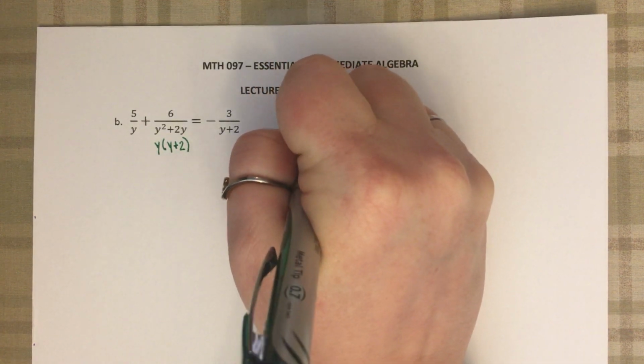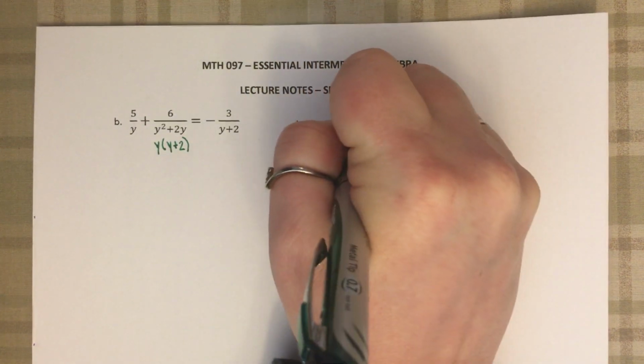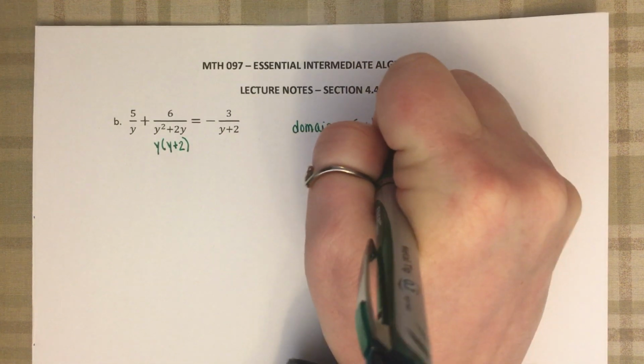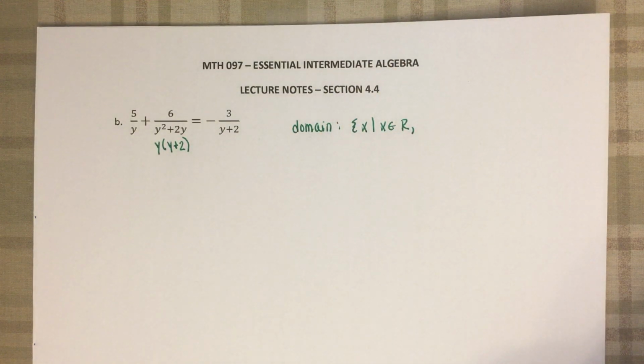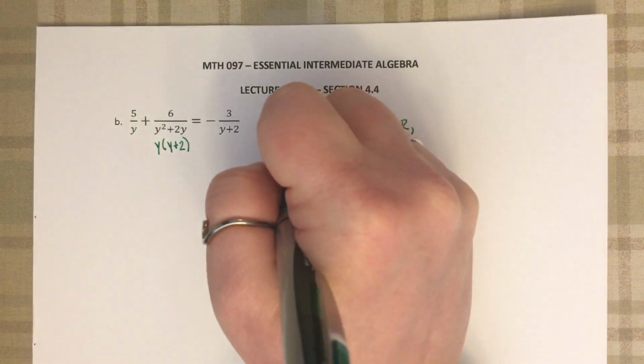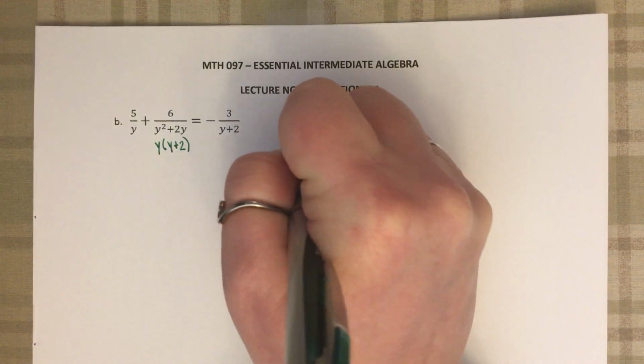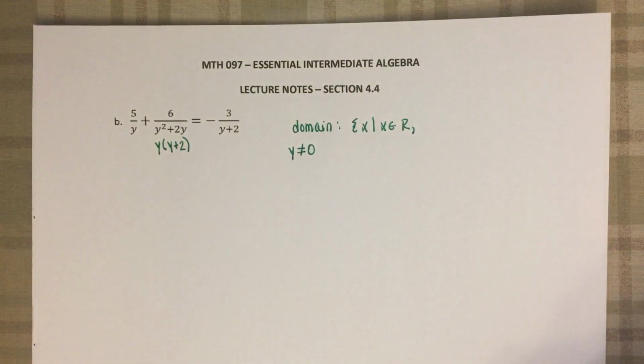All right, so for our domain for this problem, again, we're going to start with x such that x is a real number, and we need to figure out what values we want to exclude. Looking at our denominators, we have two different factors. One of our factors is y. So y all by itself cannot be equal to 0.